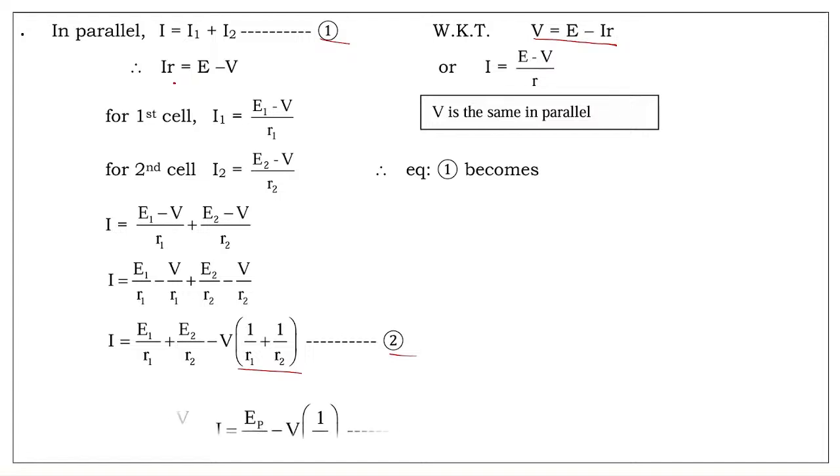Mark as equation 2. But for the equivalent cell, I is equal to (EP minus V) by RP. Therefore, I is equal to EP by RP minus V into bracket 1 by RP. Mark as equation 3.